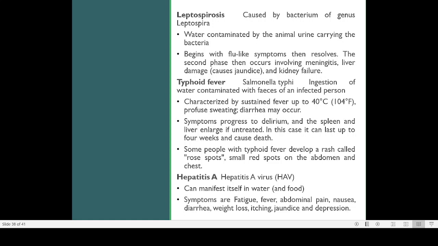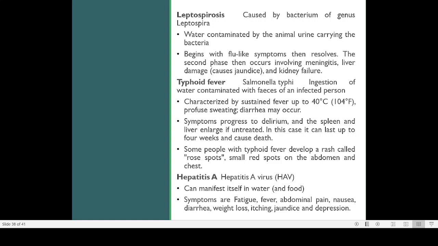It is characterized by sustained fever up to 40 degrees Celsius. Here you can see in Fahrenheit they have mentioned 104. Very high fever. Even if it is 101 or 102, you know what the difficulty will be. It's a very high fever, and profuse sweating and diarrhea may occur. Along with the very intense fever, there will be sweating and also diarrhea.